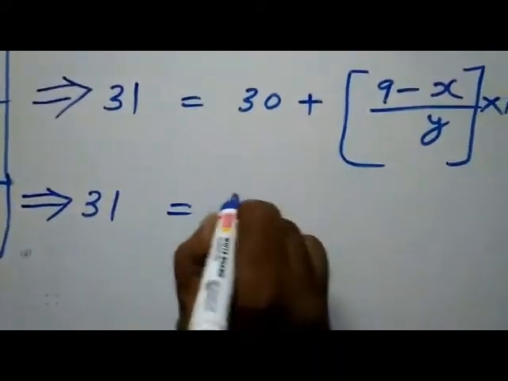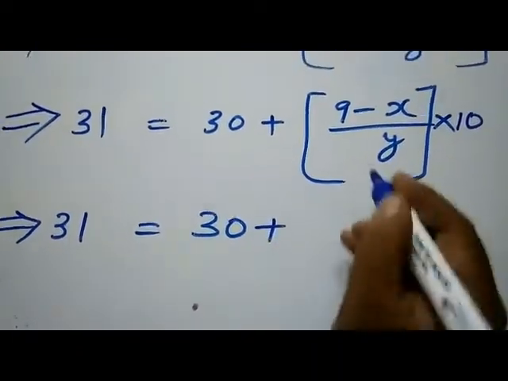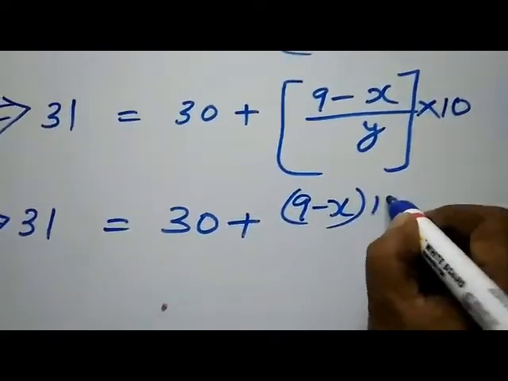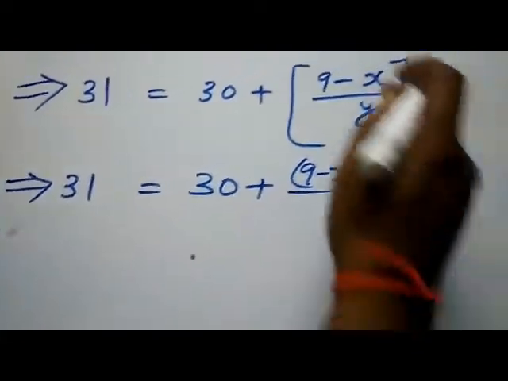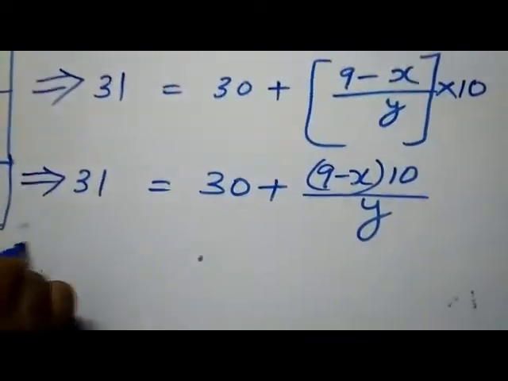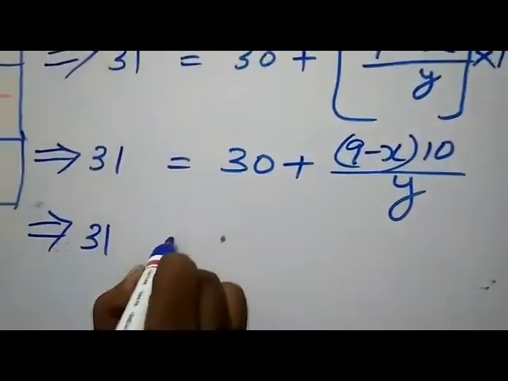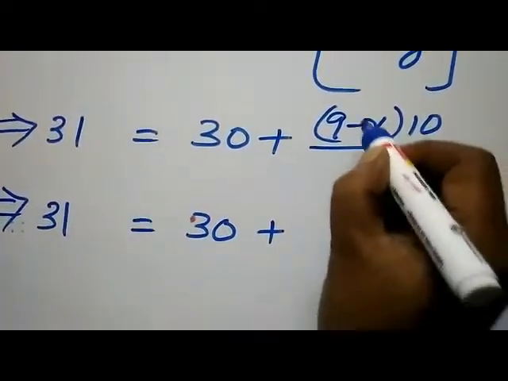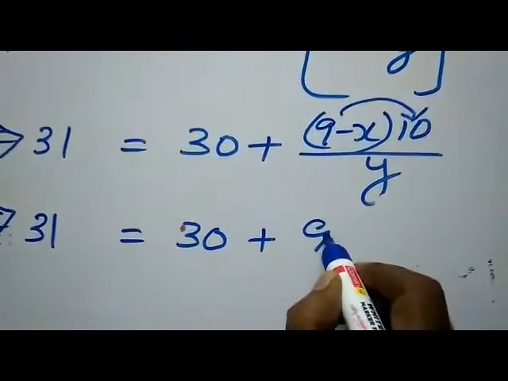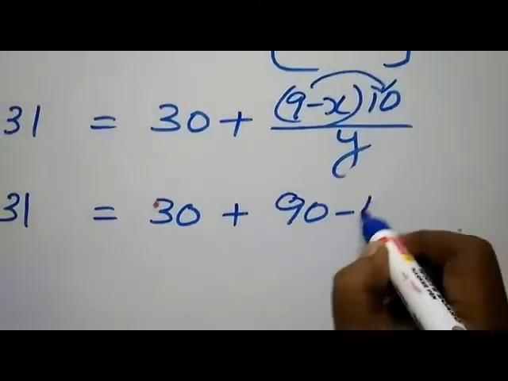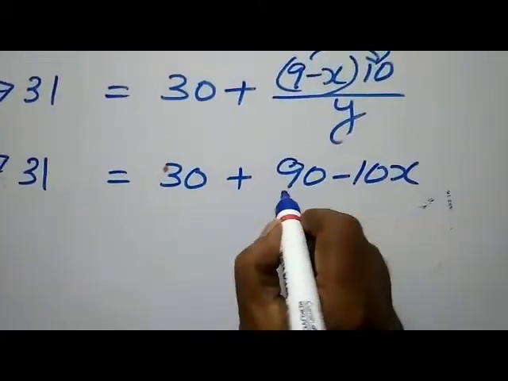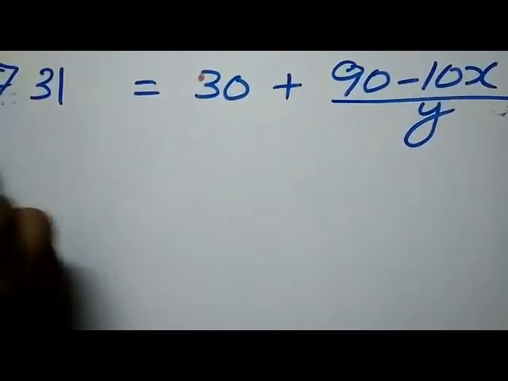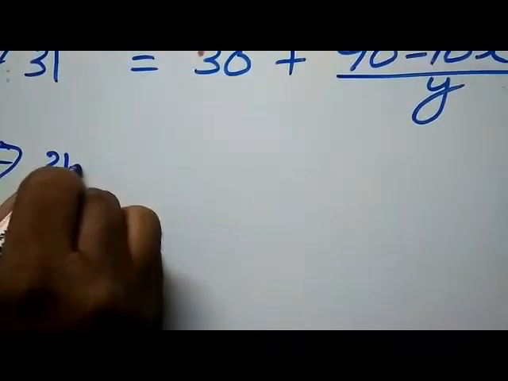31 is equal to 30 plus, you can multiply 9 minus x into 10, 9 minus x into 10 by y, numerator into numerator. That implies 31 is equal to 30 plus, distributive property, 9 into 10 is 90, minus x into 10 is 10x, by y. 90 minus 10x by y is equal to 31 minus 30.